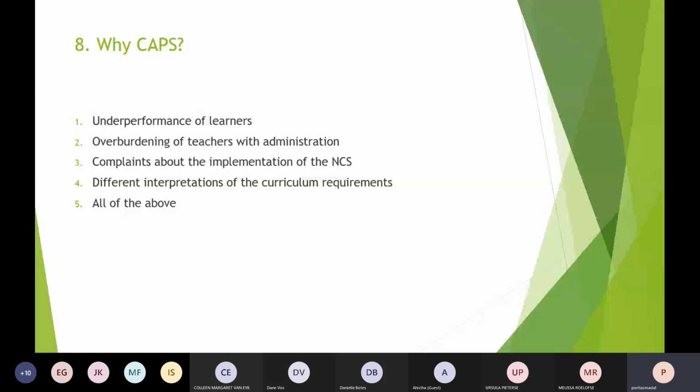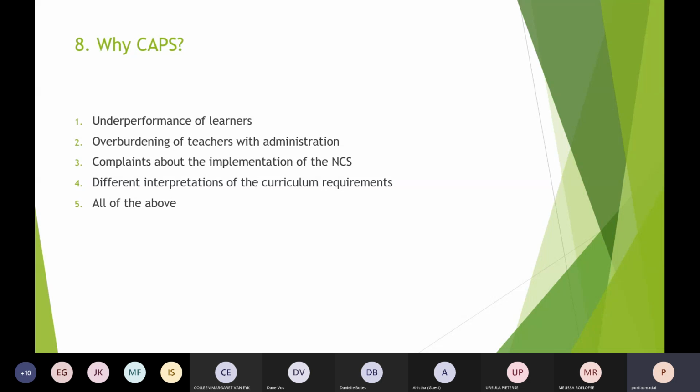Melissa, do you agree with her? I do agree. I think that's contained in our tutorial guide, where it lists all of those as the reason why we've moved from the NCS to CAPS. But yeah, I haven't really found it. Okay, all right, thank you.